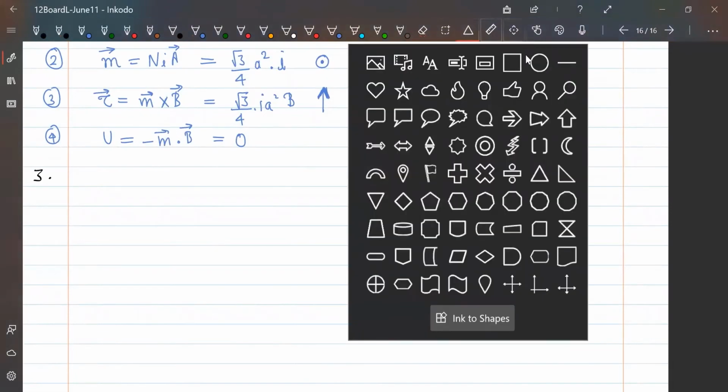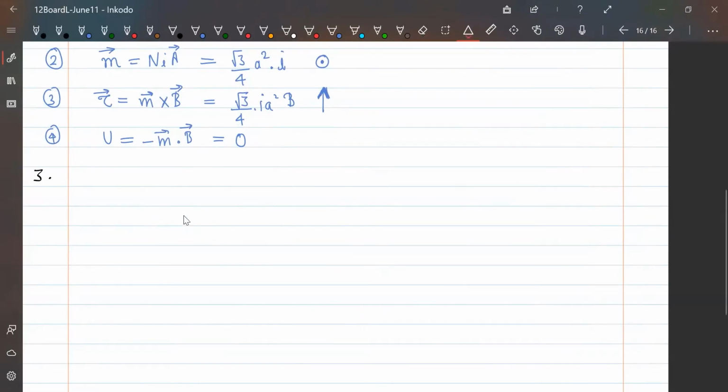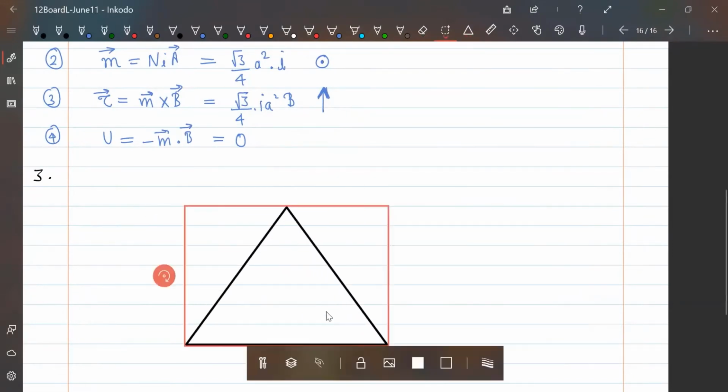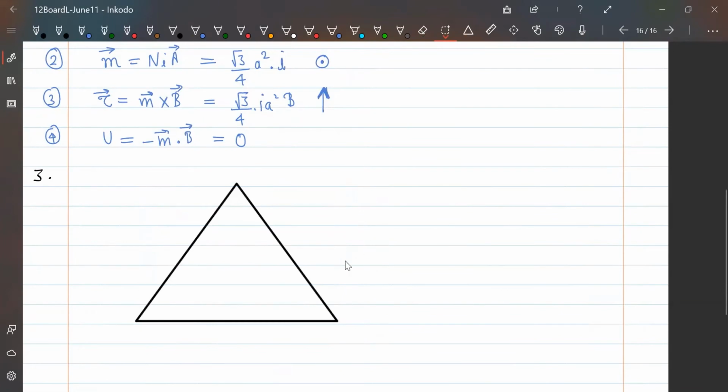So we have an equilateral triangle, and it is kept in a magnetic field, B naught. And current in the wire is I, anticlockwise.